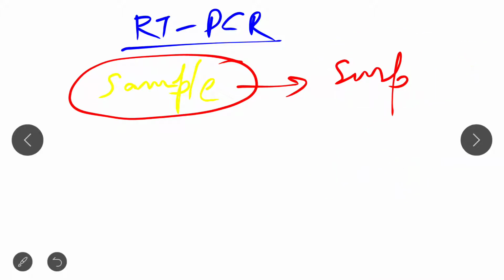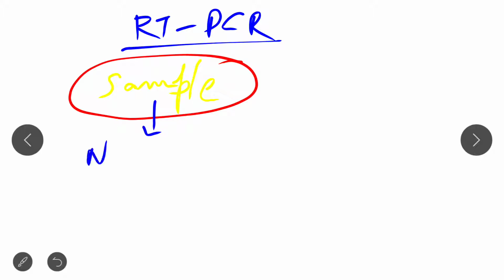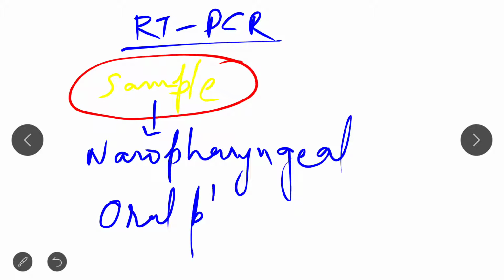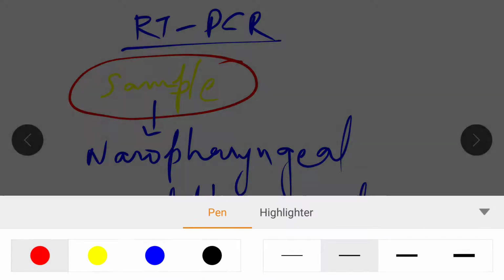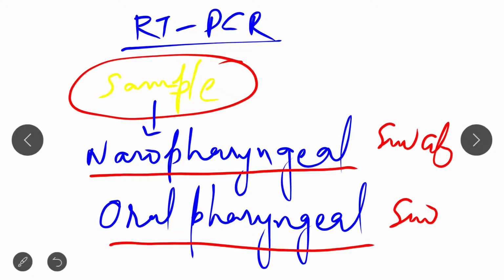The sample is collected through the nasopharyngeal or oral pharyngeal route. Basically the sample is collected from a suspect through their nasopharyngeal or oral pharyngeal area. In the case of nasopharyngeal we use a nasopharyngeal swab, while in the case of oral pharyngeal we use an oral pharyngeal swab.